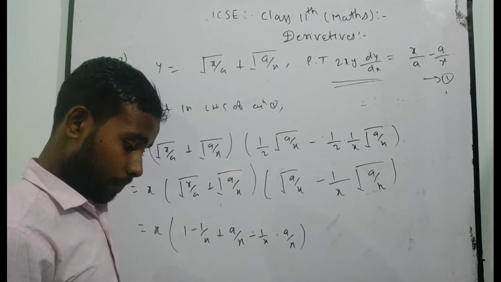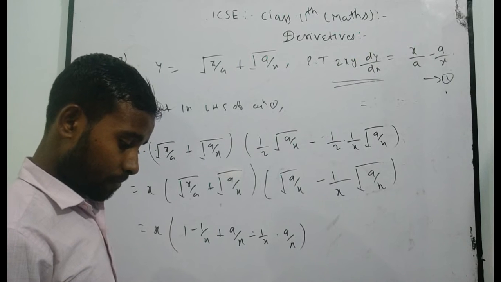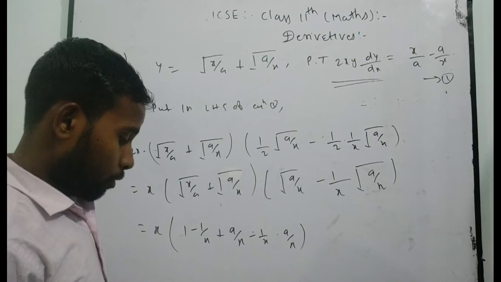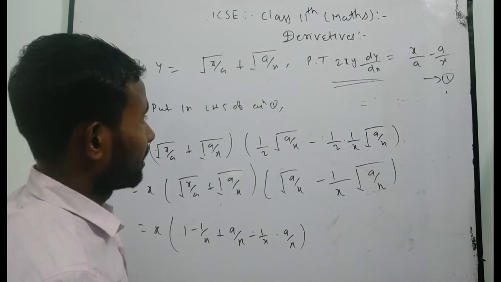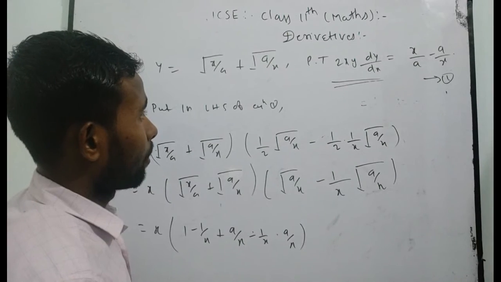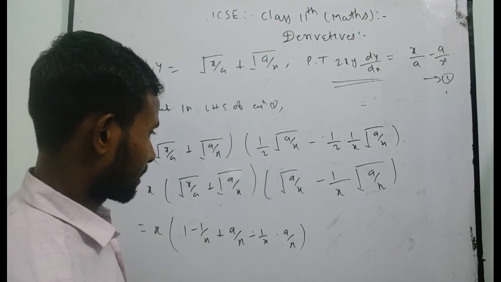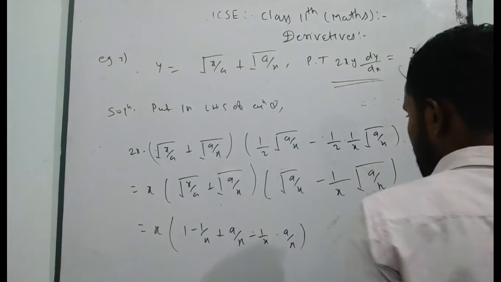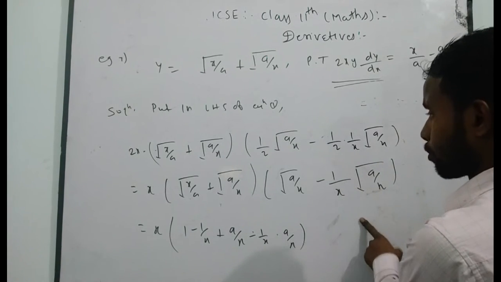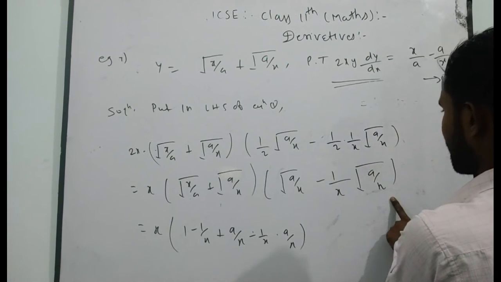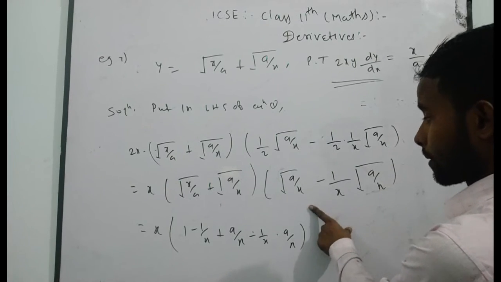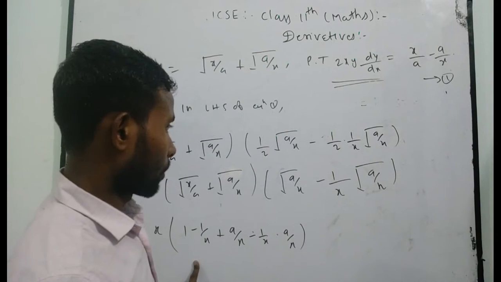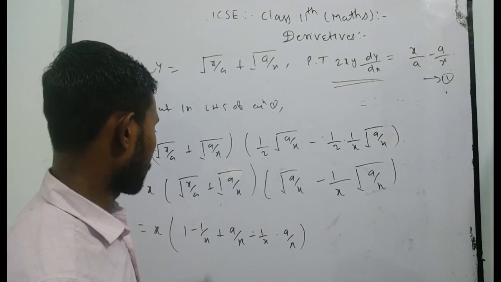One minute, wait. Everything is okay. Where I have made mistakes: root under a by x minus 1 upon x into root under a by x, 1 minus 1 upon x. Okay.